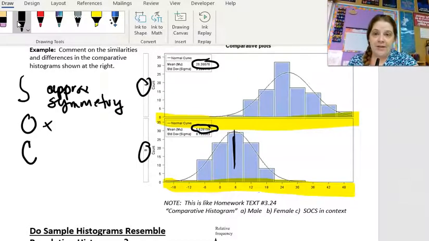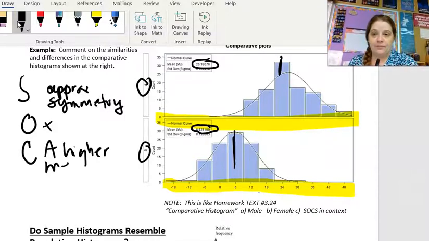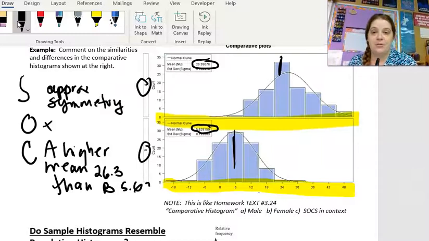Okay. So as for the center, I can see this visually and because they told me, it looks like distribution A has a higher mean. That higher mean is 26.3, while distribution B has only 5.62. So on average, those numbers are higher. And as far as the spread goes, let's just talk about range.